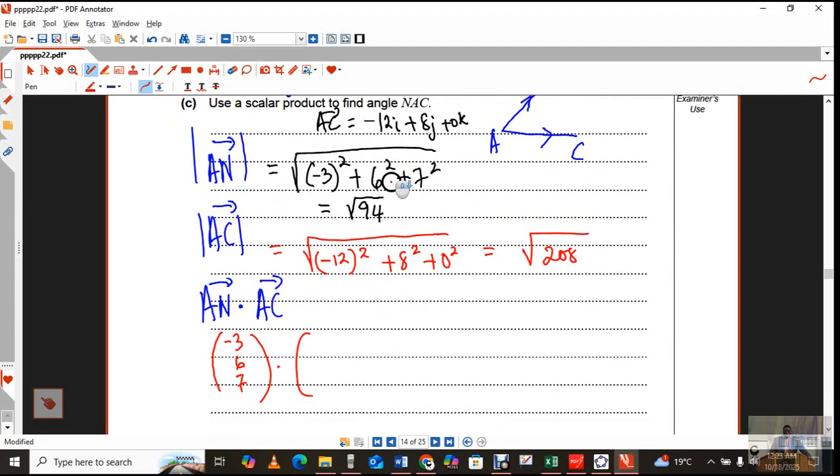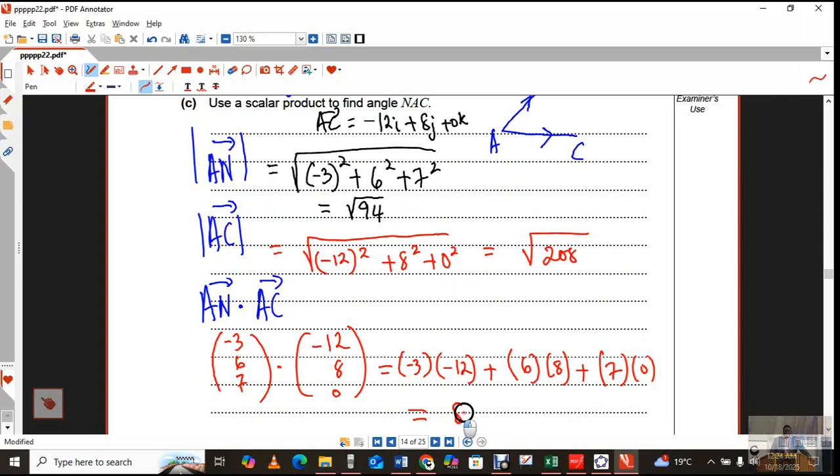AC was minus 12i, so it's minus 12 here, and this is 8, and that's 0. The dot product is really straightforward. You just multiply the x components, negative 3 times negative 12, and then you add the y components, that is 6 times 8, plus the z components, that is 7 times 0. And whatever that answer is, in this case, it is 84.